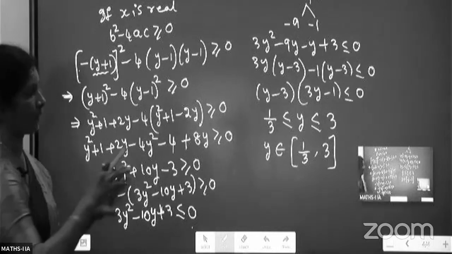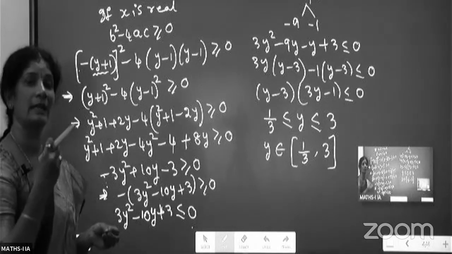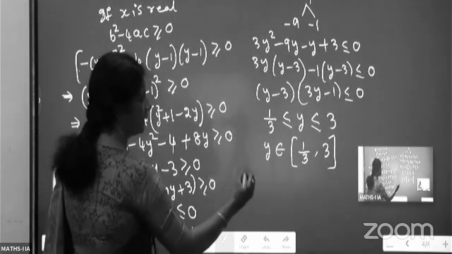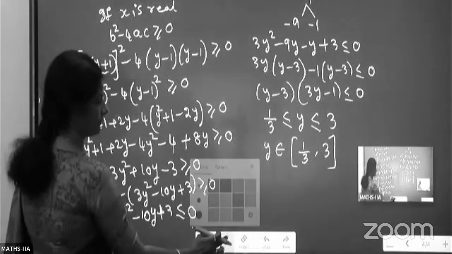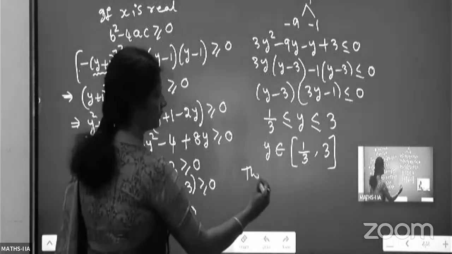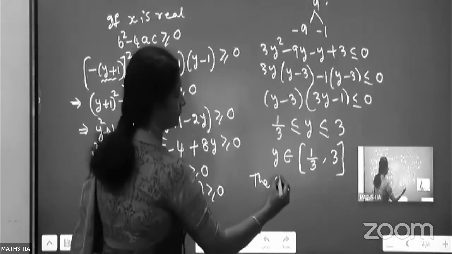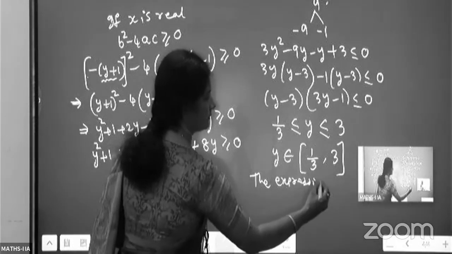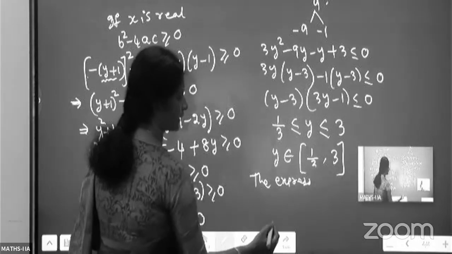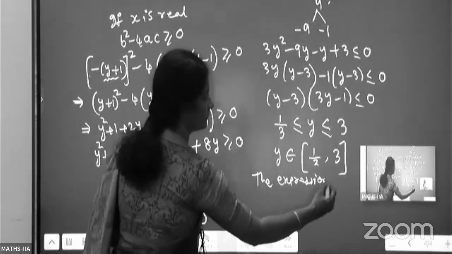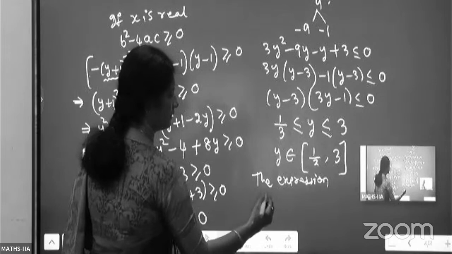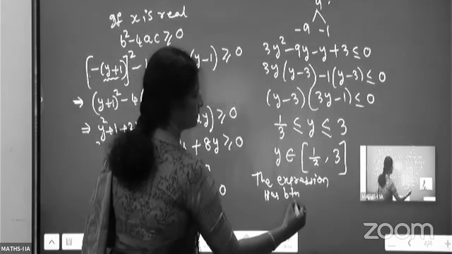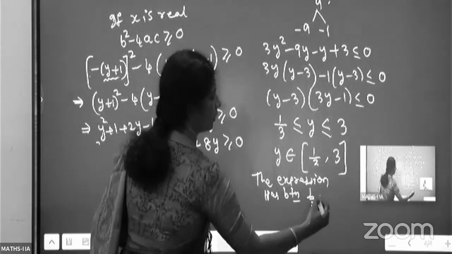Sometimes the question will ask, show that the roots lie between. So here what do you have to write? If you want it in terms of words, therefore the expression lies between 1 by 3 comma 3. Otherwise, the roots of the expression lie between 1 by 3 comma 3.